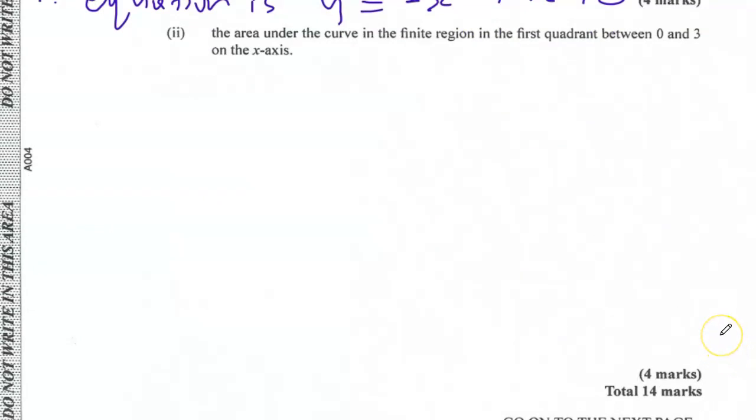Next, we are asked to calculate the area under the curve in the finite region in the first quadrant between 0 and 3 on the x-axis. So the area would be the integral of y dx between the limits 0 and 3.